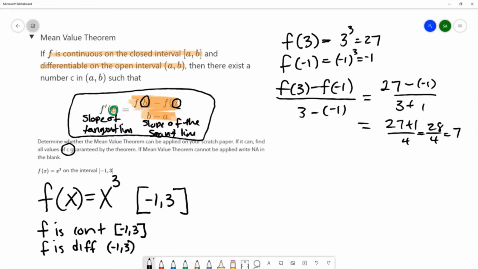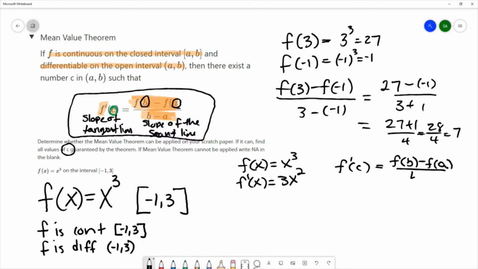Now I'm going to start to work out the left-hand side. Even though I don't know the value of c, the left-hand side involves the derivative, so I need to calculate the derivative of the function. My function is f of x equals x cubed. The derivative will be 3x squared. So my statement is the derivative at some value of c is equal to f of b minus f of a over b minus a.